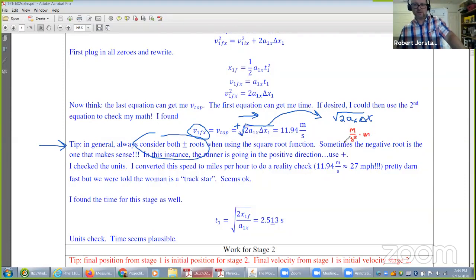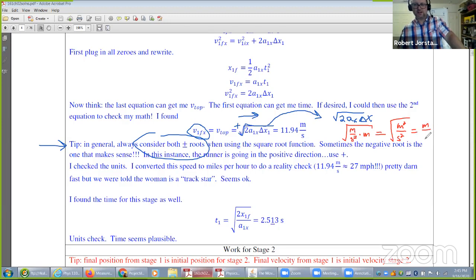The 2 has no units, and then I've got to square root it. If I use meters and meters per second squared for these things, this actually has the correct units because it's the square root of meters squared over second squared, which is meters per second.